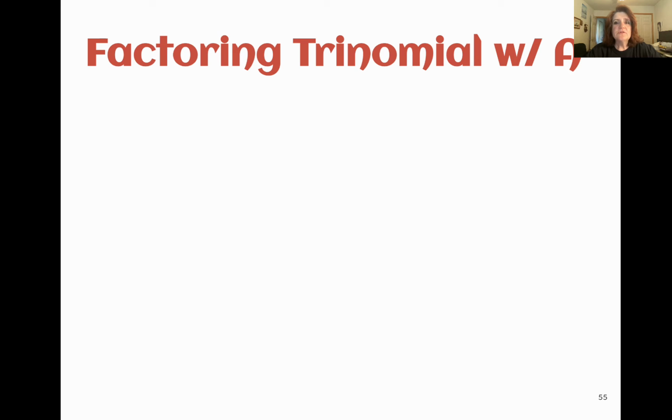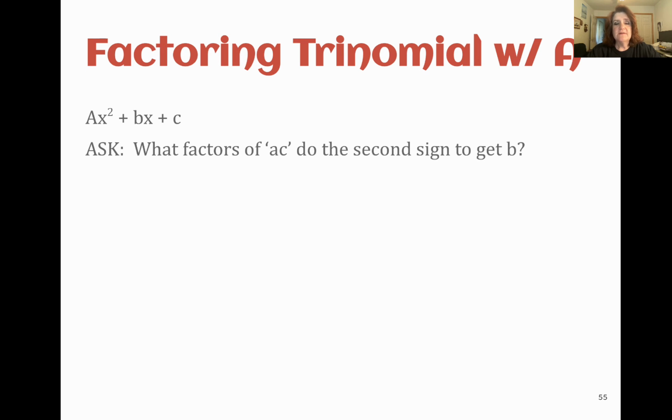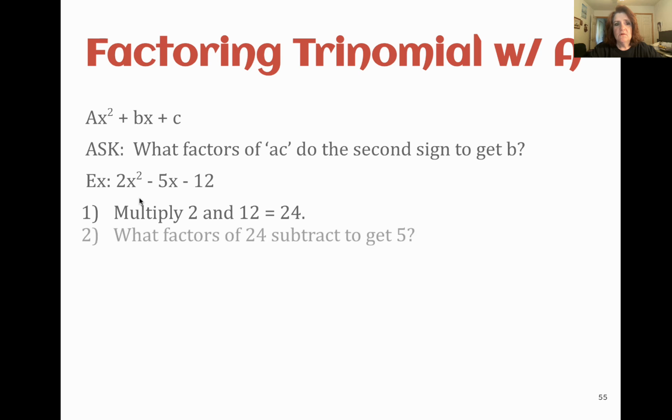When you go to factor a trinomial with a, meaning with a number out front, this is a little more complicated. You want to get the factors of a times c that again do the second sign to get b. So what are the factors of 24 that will subtract to get 5?